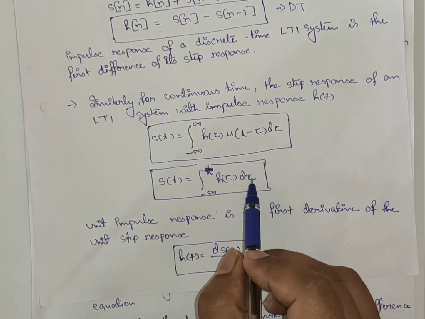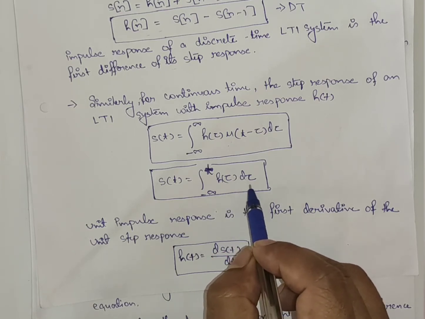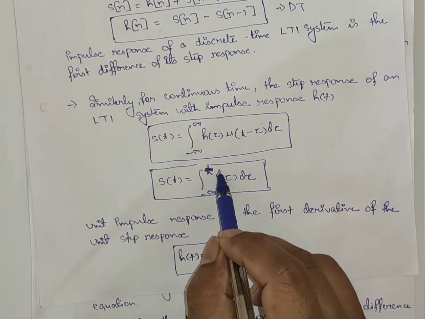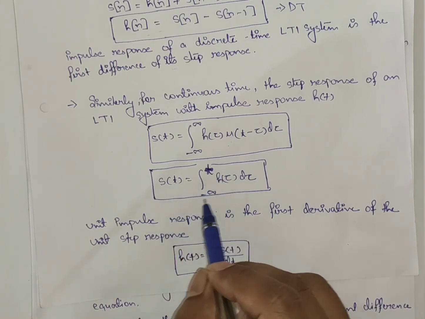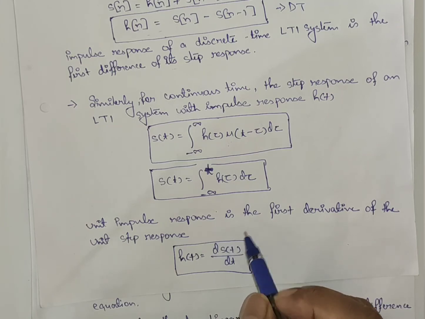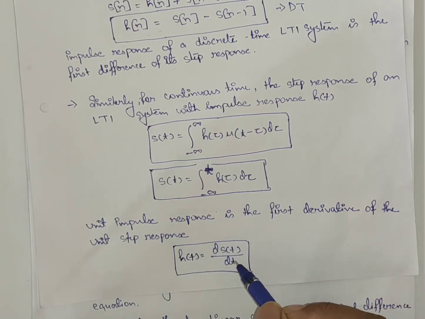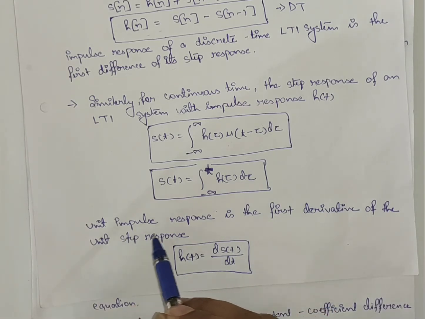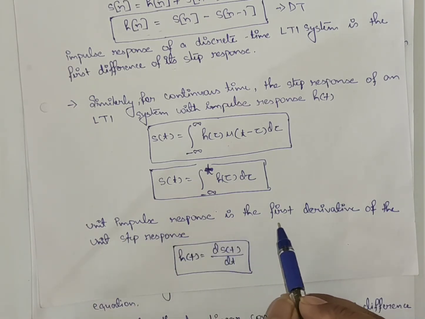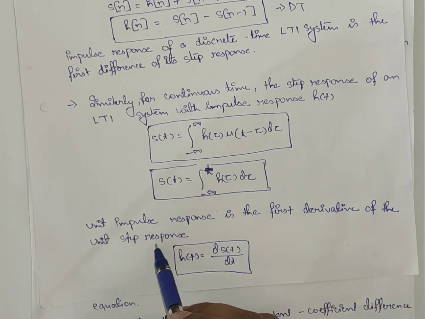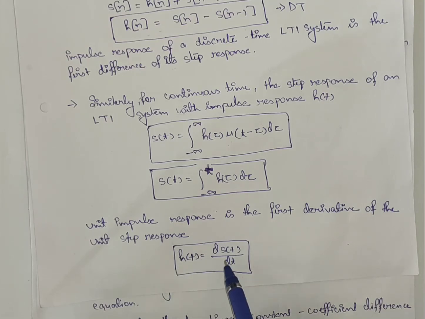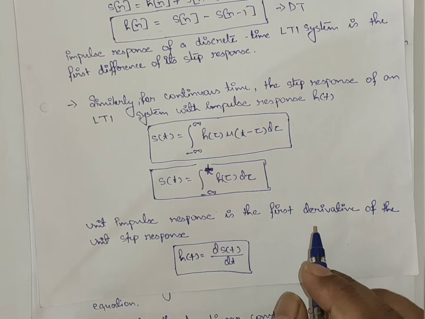As in the discrete-time case, the limit changes, and the step response becomes the integral from minus infinity to t of h(tau) d tau. When the impulse response is given and we integrate it from minus infinity to t, we get the step response. The reverse is obtained by differentiation, the first derivative, as the first difference in the discrete-time case. Therefore, the unit impulse response is the first derivative of the unit step response, so h(t) equals ds(t) upon dt.